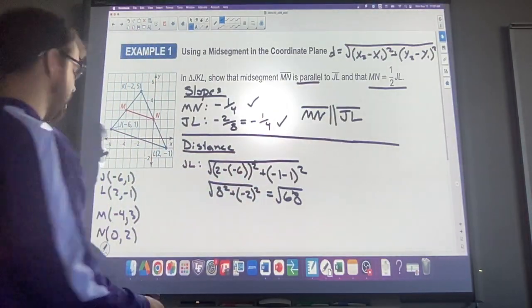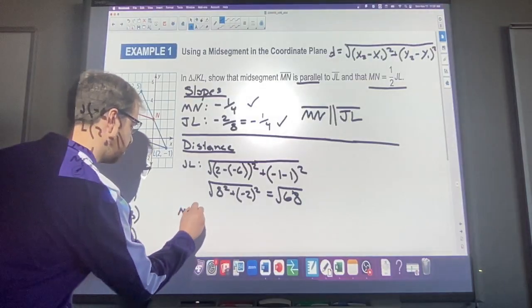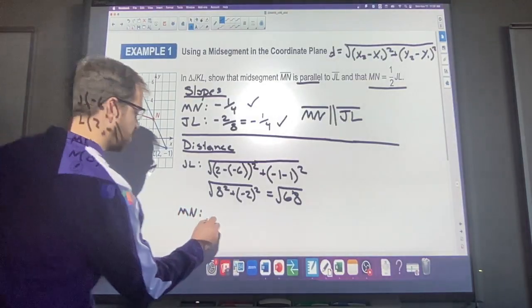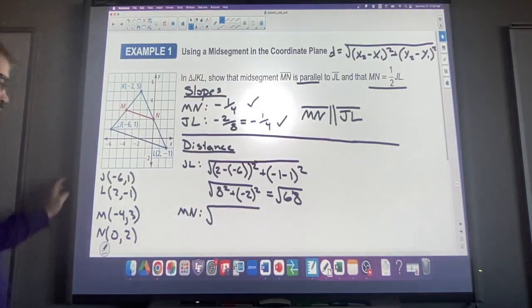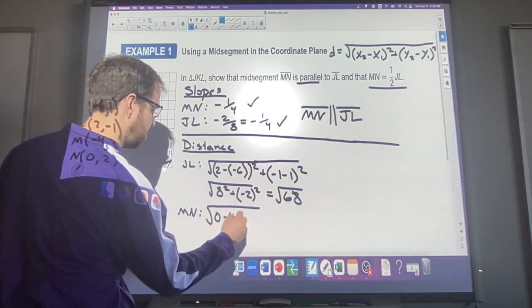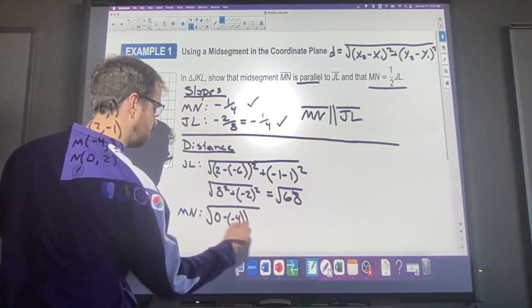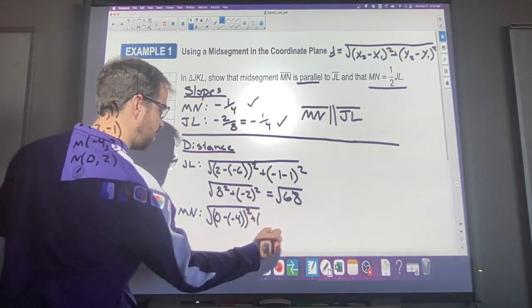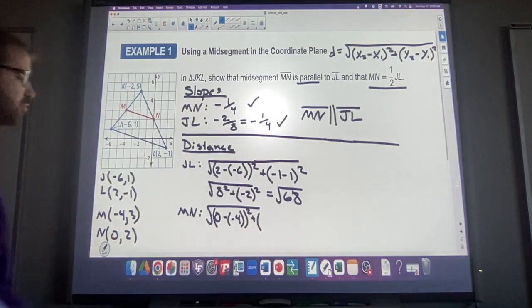But let's go ahead and do MN. For MN, we're going to do a big square root. Same thing, x2 minus x1, 0 minus negative 4 squared, added to 2 minus 3 squared.